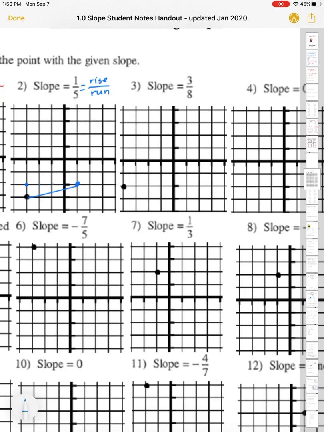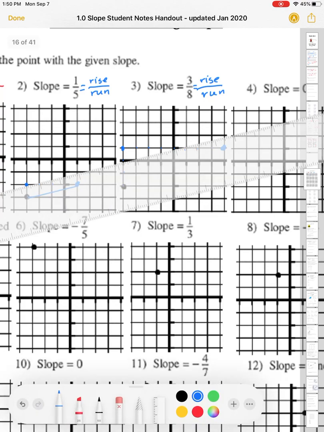Here we have slope is 3 over 8. So this is our rise over our run. It's just counting. It's positive, so the rise is going up. So 1, 2, 3, and the run is 8. 1, 2, 3, 4, 5, 6, 7, 8.